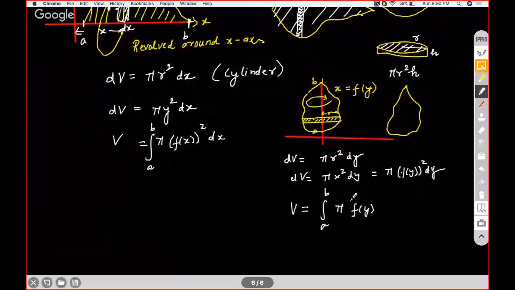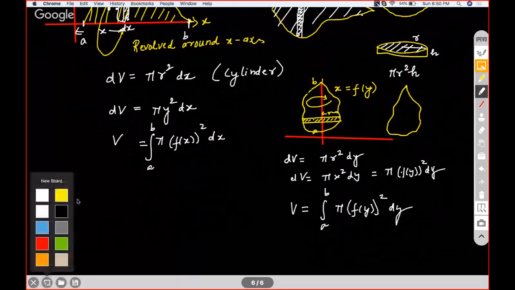Let's take questions. Let's say I have a semicircle of radius r like this.